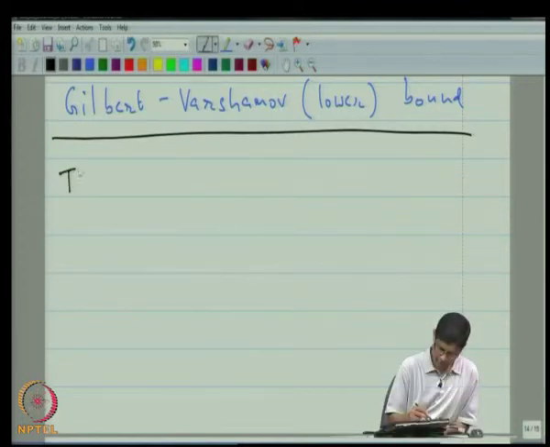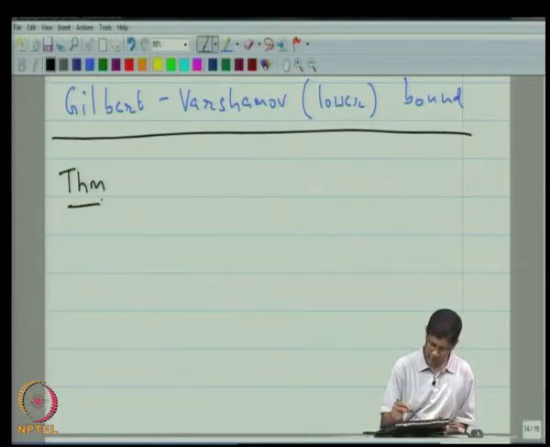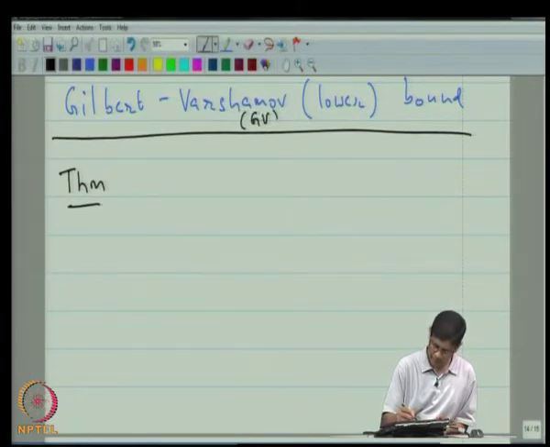So, theorem, and we will abbreviate Gilbert-Varshamov and just write GV.